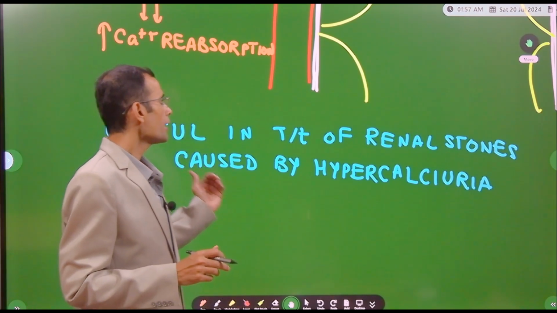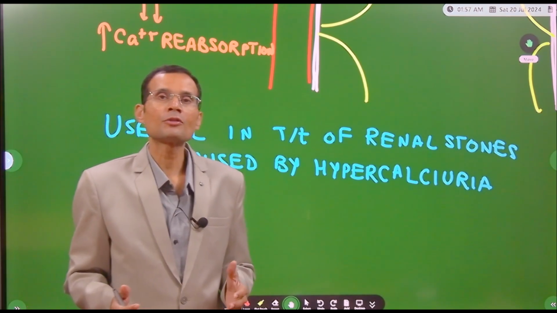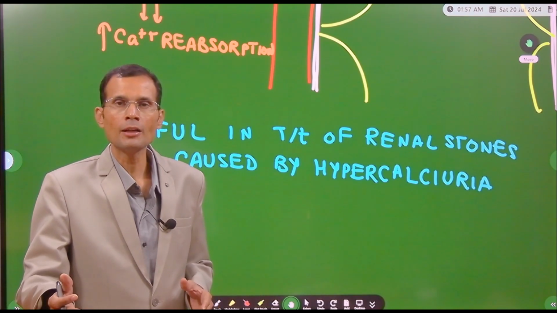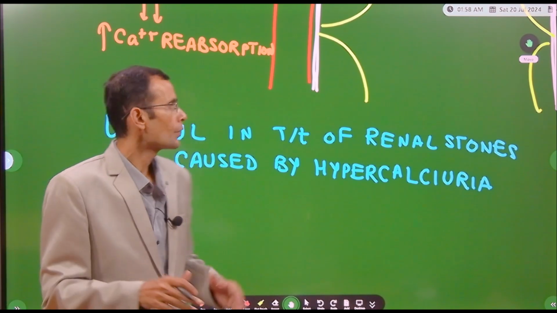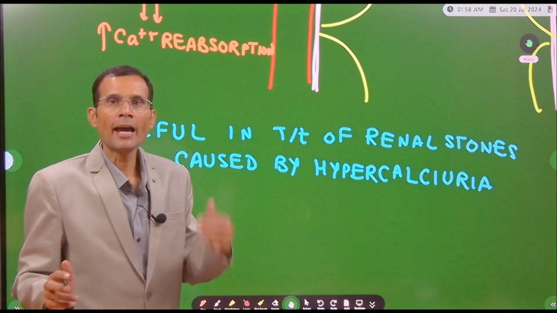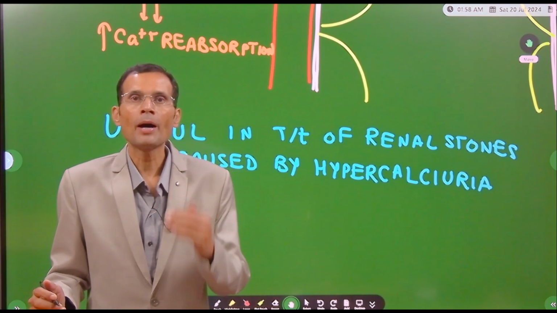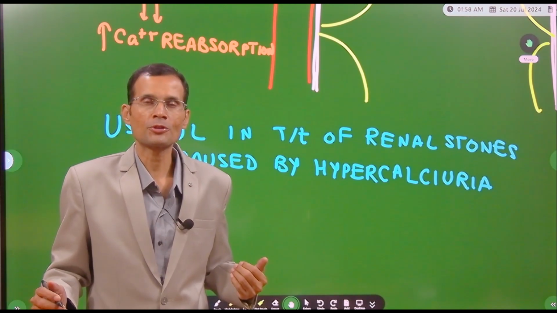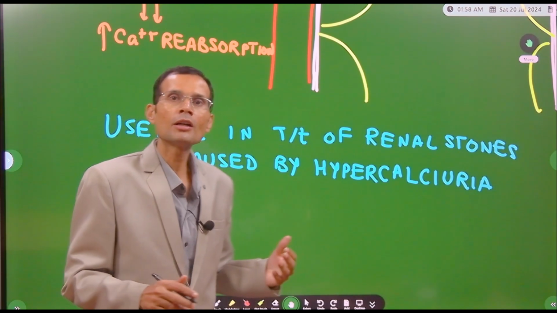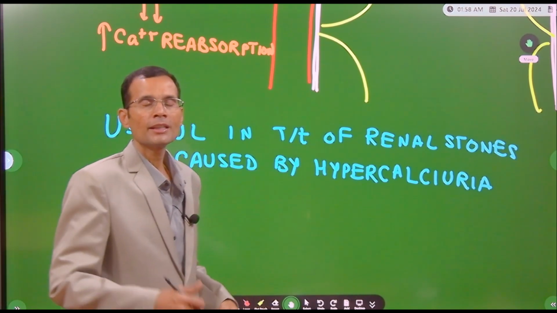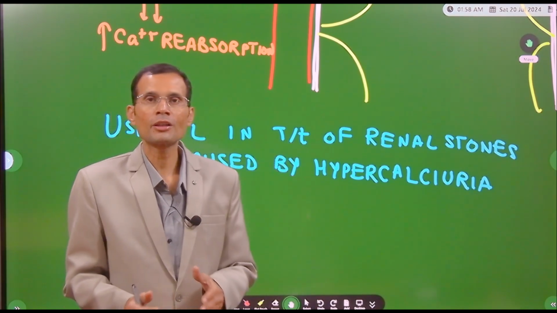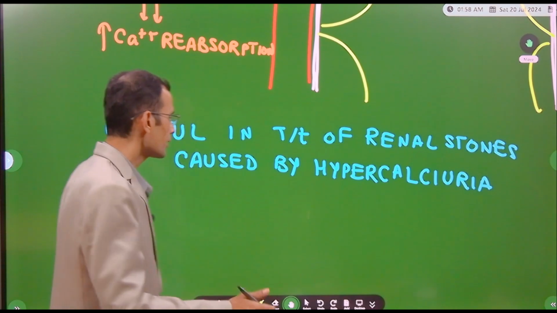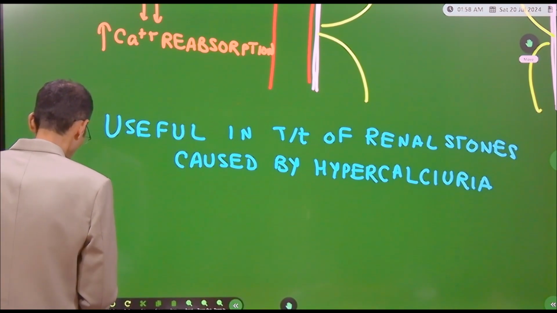Yes, if there are certain factors which are causing hypercalciuria and therefore resulting in renal stones, thiazides can prevent this by increasing the calcium reabsorption. So there is no increased amount of calcium being excreted into the urine, and therefore this particular condition can be prevented by the thiazide diuretics.